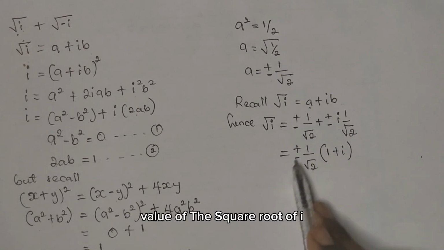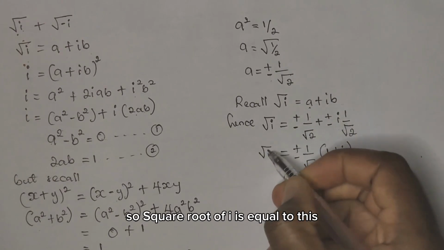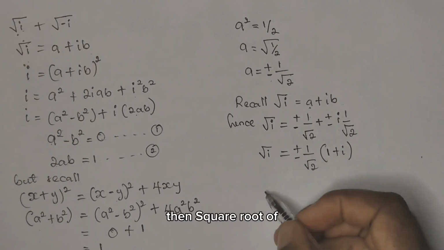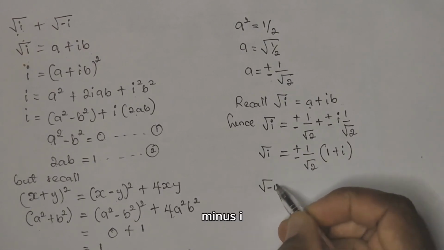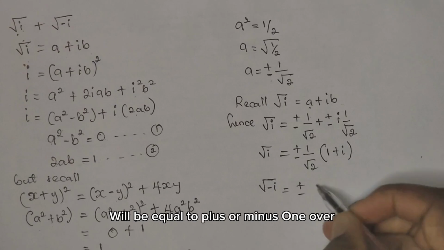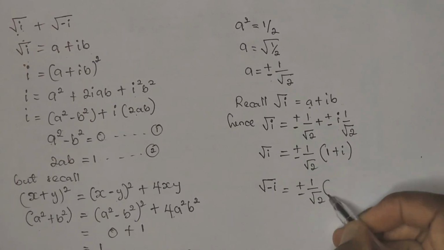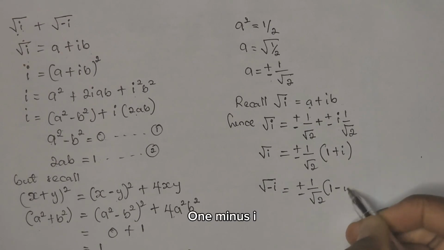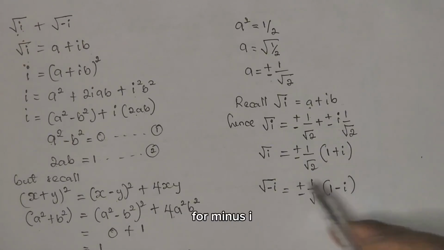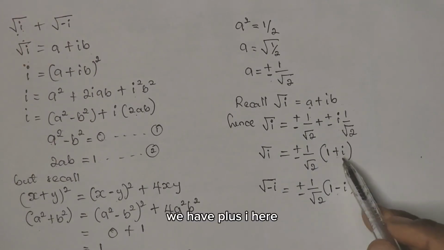So this is the value of the square root of i. Then the square root of minus i will be equal to plus or minus 1 over root 2 times (1 minus i). The difference is just the negative sign: for minus i we have minus i here, and for i we have plus i here.